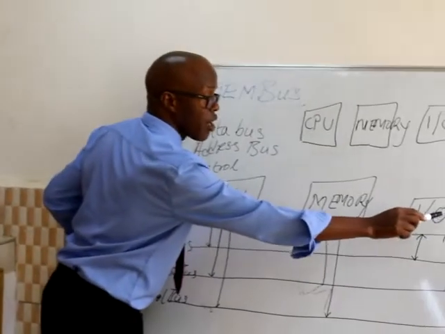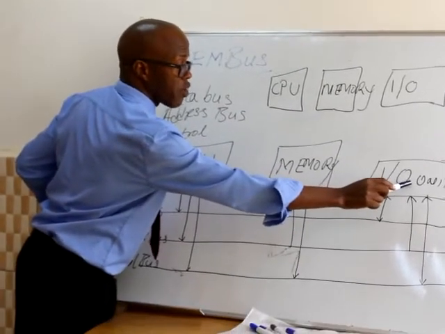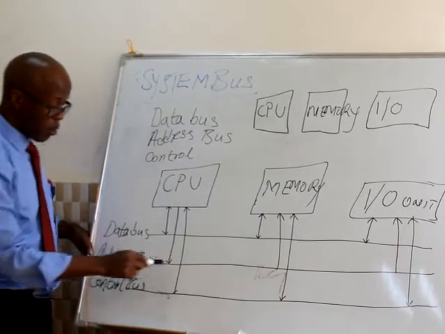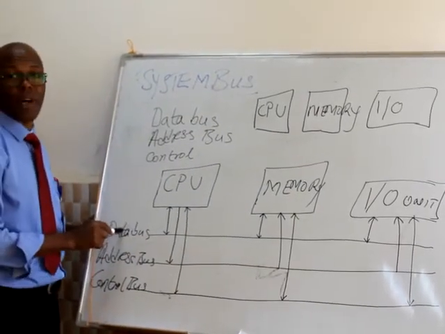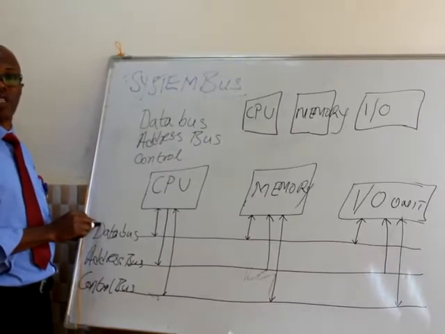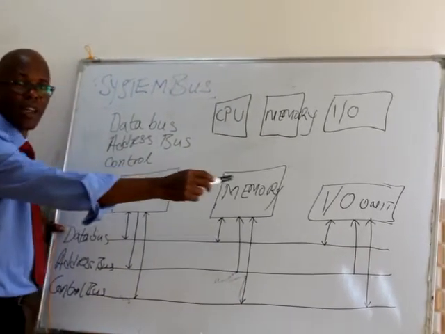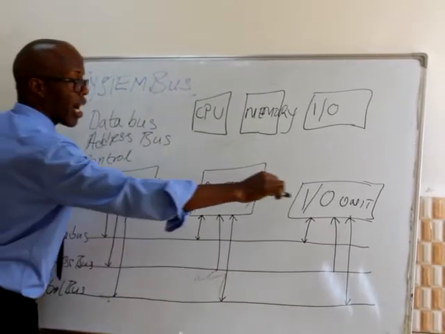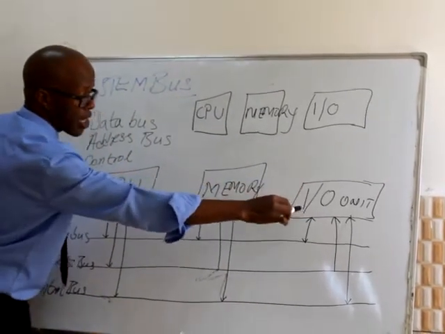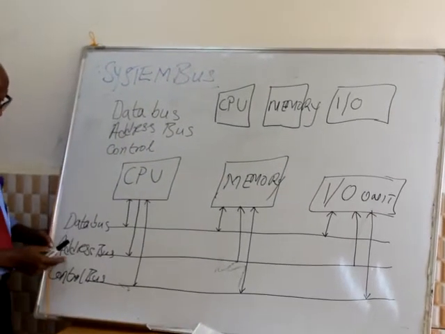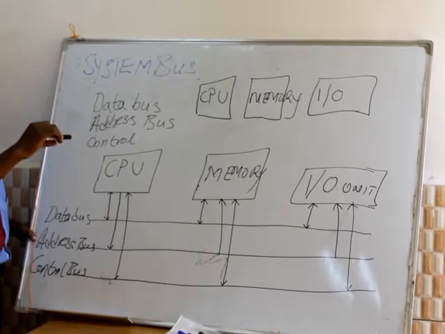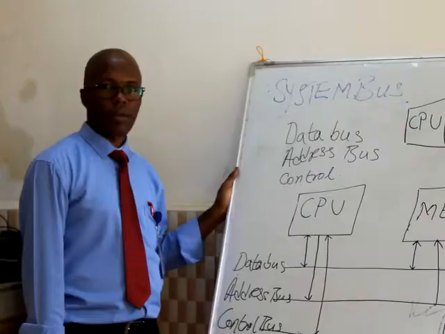Then this data will be placed on the data bus. So the main function of the data bus is to carry data from the CPU to these two other components and back. And the main function of the address bus is to know the locations of the memory.